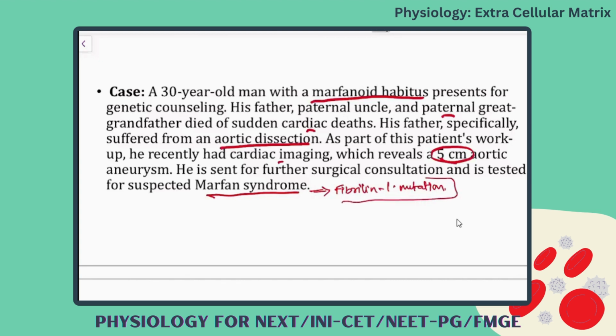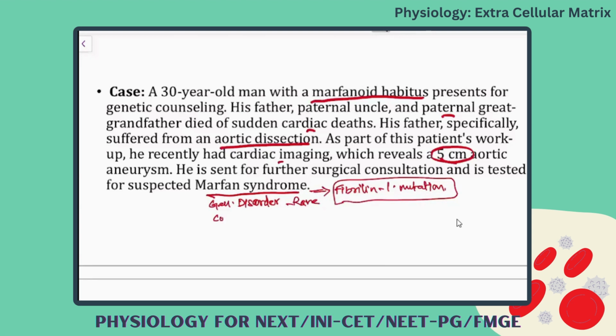It is not present in only a specific structure or organ, it is present throughout. We consider Marfan syndrome a genetic disorder, but a rare one. I am covering it to make you think about the extracellular matrix and remember at least a few points.